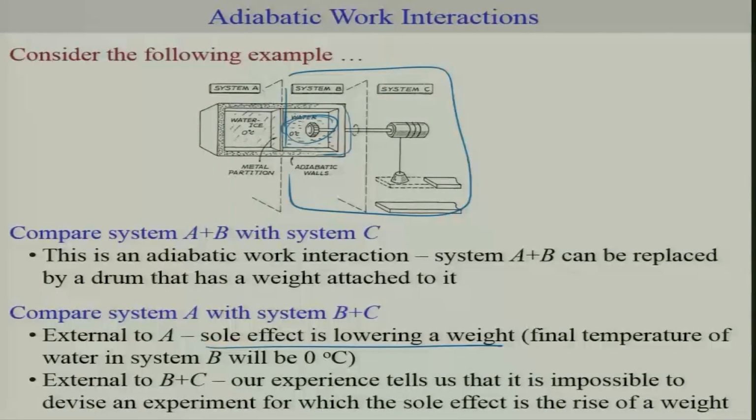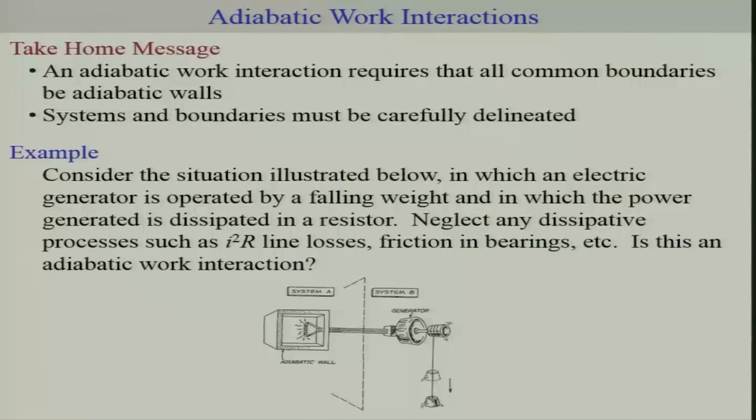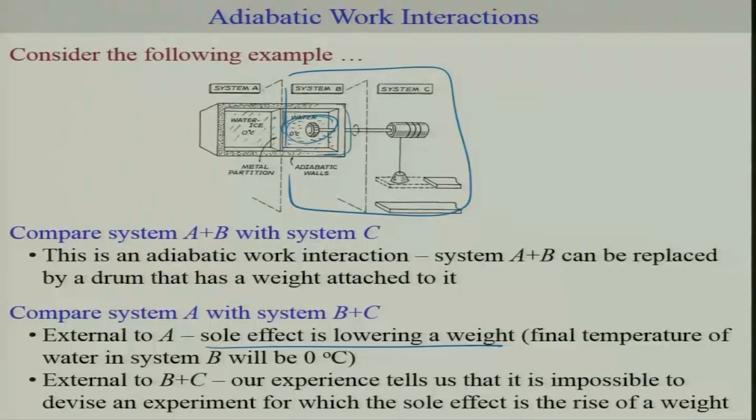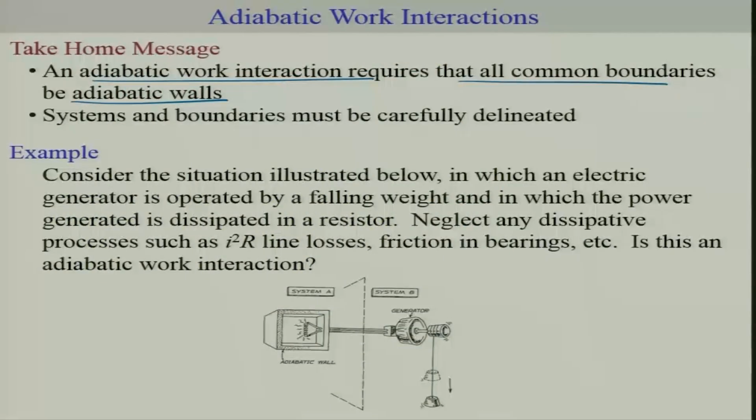So, this tells you that adiabatic work interactions require that all common boundaries be adiabatic walls. Here, if you consider B and C, this wall is not adiabatic, and hence we could not replace the system A by another drum and a weight scenario. Okay. So, that is the conclusion based on this exercise, that adiabatic work interaction requires all common boundaries be adiabatic walls. Thus, system and boundary must be carefully delineated.